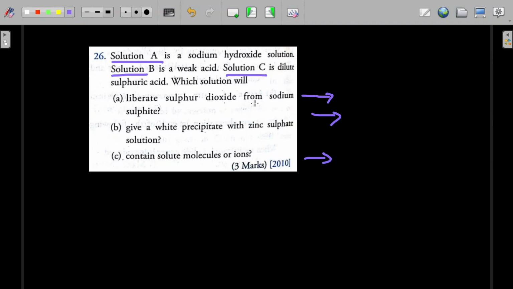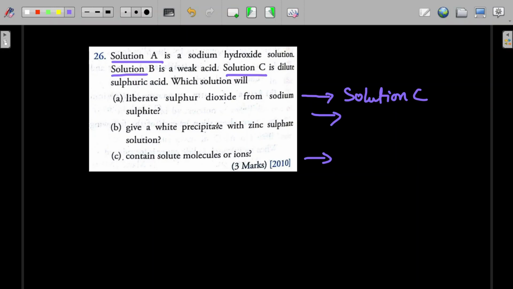Which solution liberates sulfur dioxide from sodium sulfite? So, sulfuric acid. Solution C, correct. Because it is a typical acid reaction. Typical acid reaction is what? Metal sulfite plus acid gives you salt, water and SO2 gas.